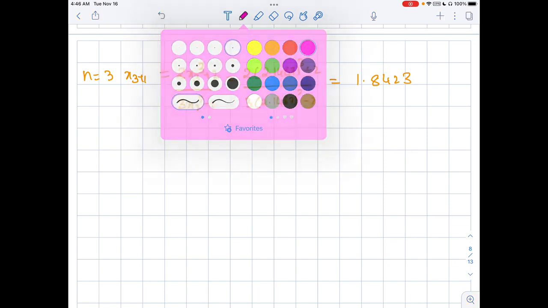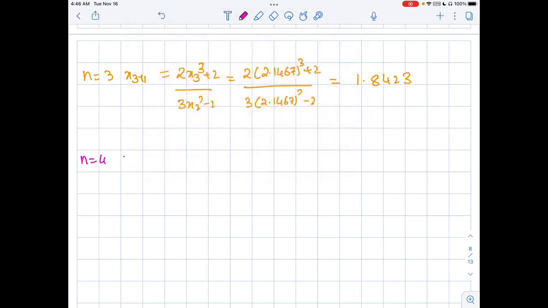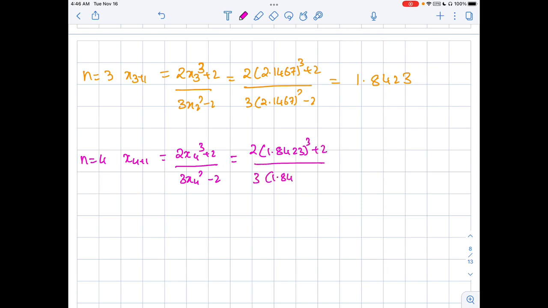Then I go for n is equal to 4, x5 is equal to 2 times x4 cube plus 2 upon 3 times x4 square minus 2. So 2 times 1.8423 whole cube plus 2 upon 3 times 1.8423 whole square minus 2.